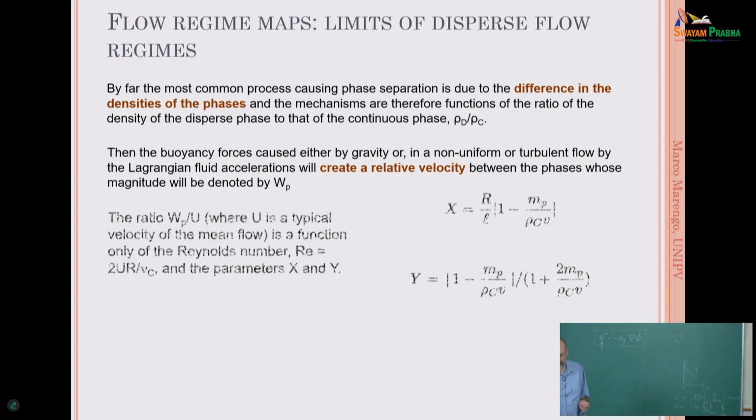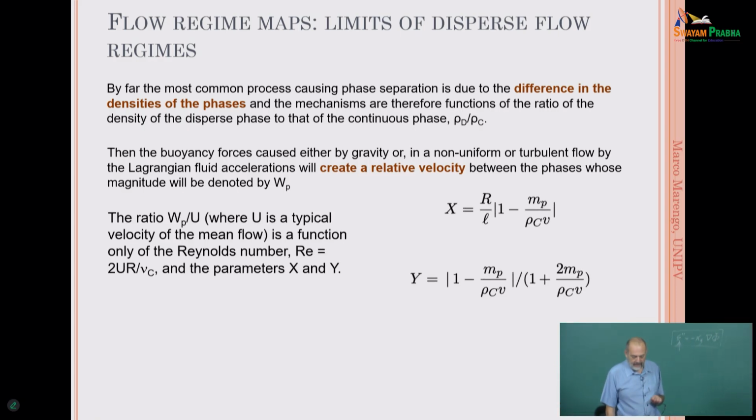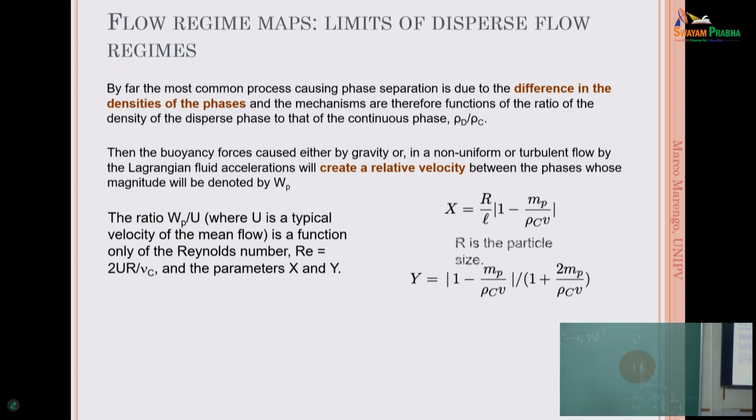So we have a relative velocity, okay? For example, if you consider a relative velocity WP, the ratio of WP with respect to the mean flow velocity is a function of Reynolds. Here we are writing in terms of U multiplied by the diameter of the bubble or particle, whatever, and these two parameters, X and Y. X and Y again contain the mass.